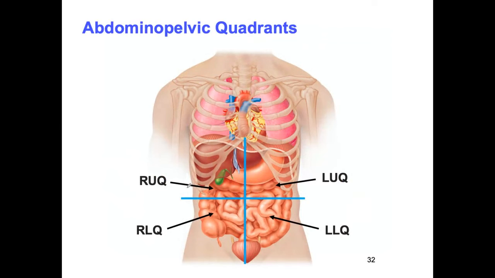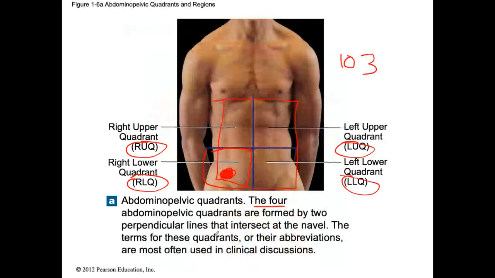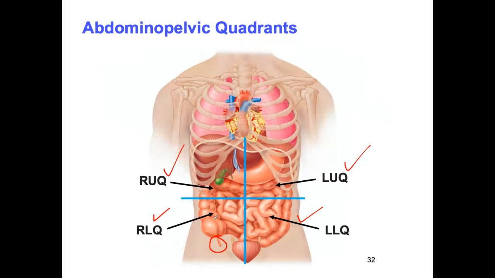And when we look at the quadrants, whether it's the left upper quadrant, left lower, right upper, and right lower quadrant, we can see that right here is the appendix. So maybe in this individual that had 103 fever, had pain in the right lower quadrant, and they were cramped over and vomiting, maybe they had an acute appendicitis.